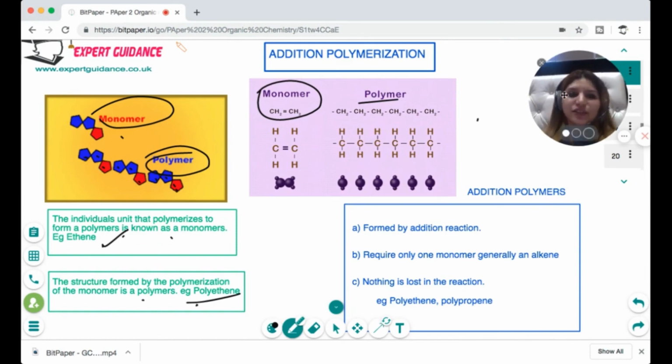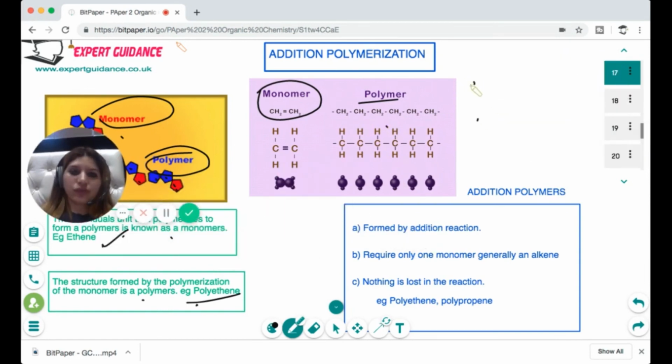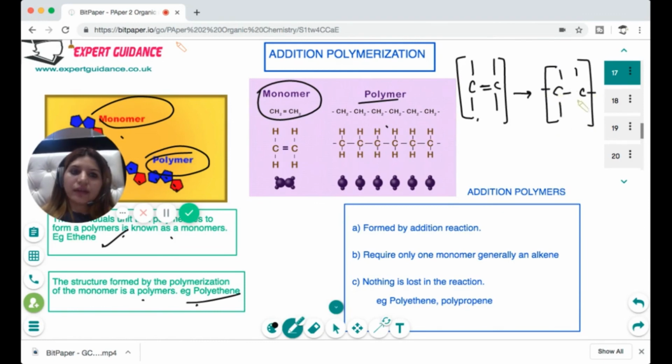Now I'll tell you the trick for how you need to write the polymer equation. Always write the ethene or any alkene molecule such that there's a double bond in the center and all the groups are at the top and at the bottom, nothing to the left and the right side. And when you polymerize this structure, remove the double bond, draw the bars at the ends, and then write n.